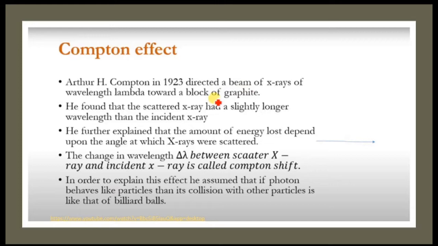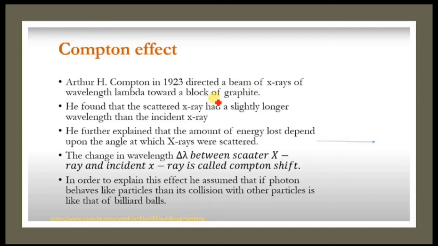The first part was X-rays of the same wavelength as the incident X-rays, and the second part was X-rays of slightly longer wavelength as compared to the incident X-rays. Now see, the wavelength has increased.